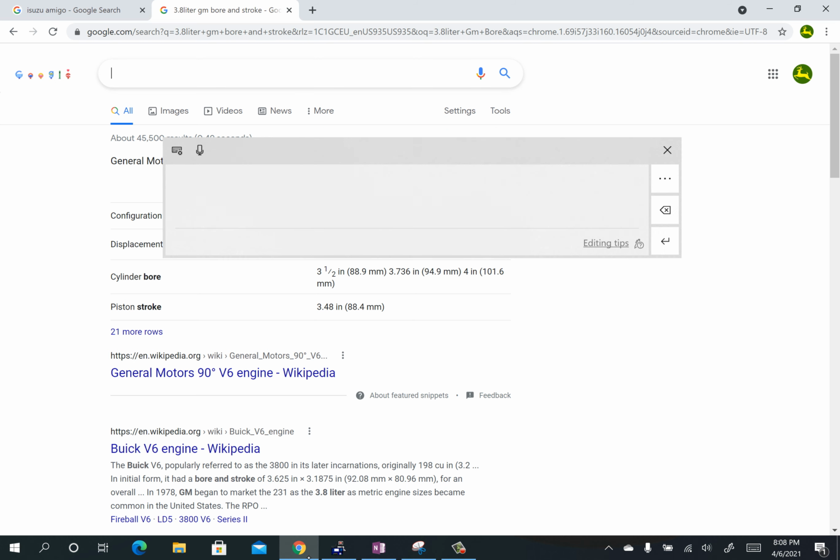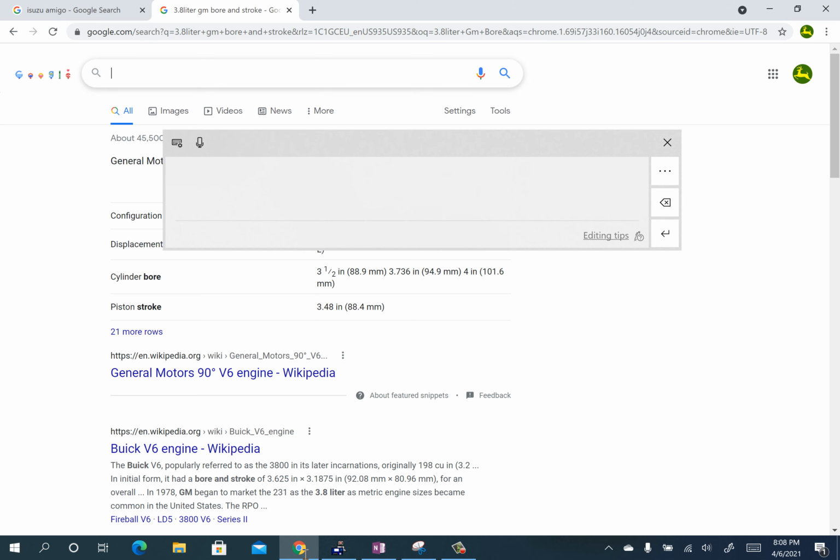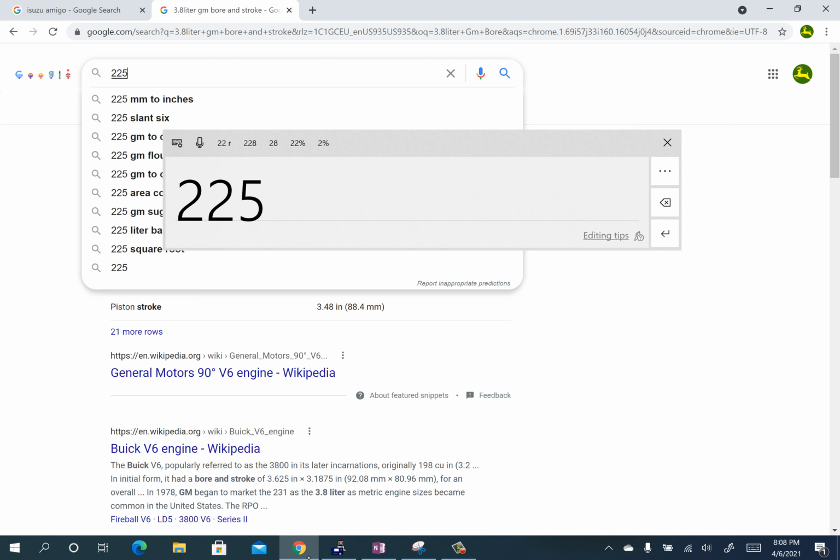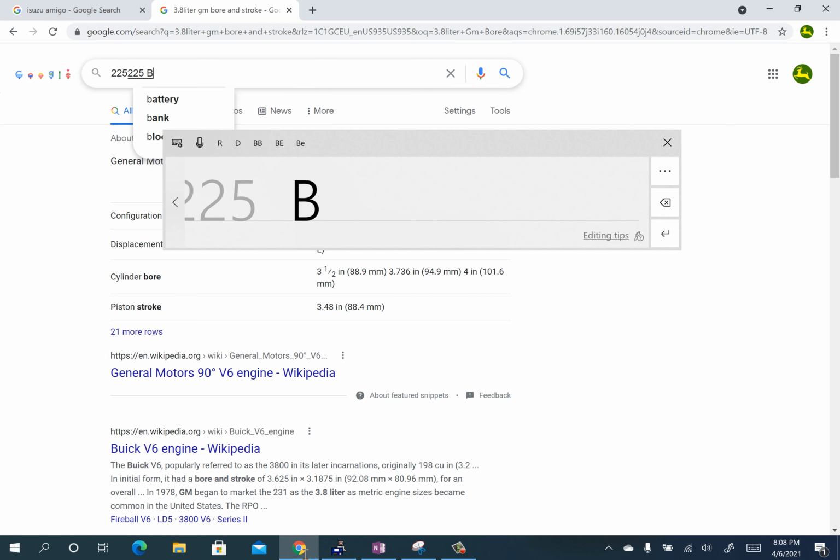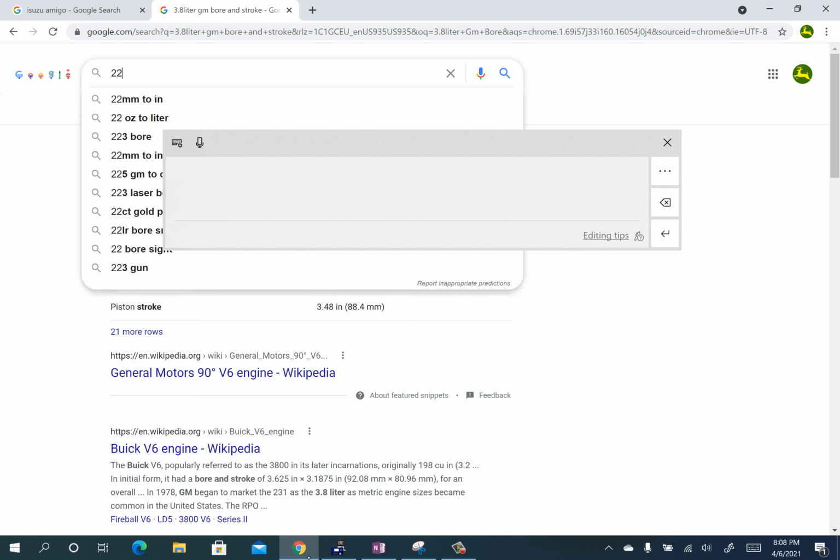And you can do this little assignment that's going to follow tomorrow. So let's do the 22R bore. No, not 225, you jackwagon. 22R bore and stroke.